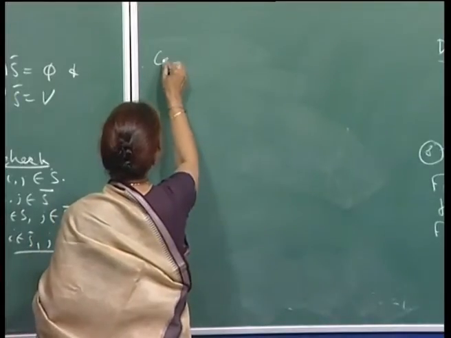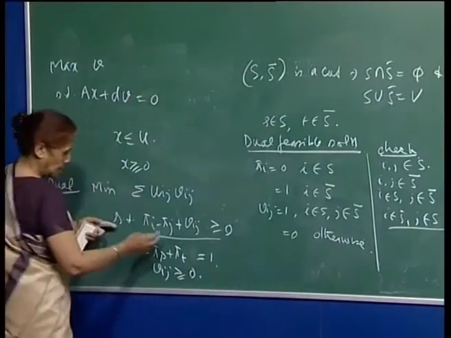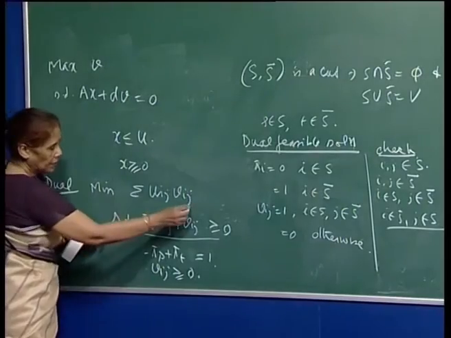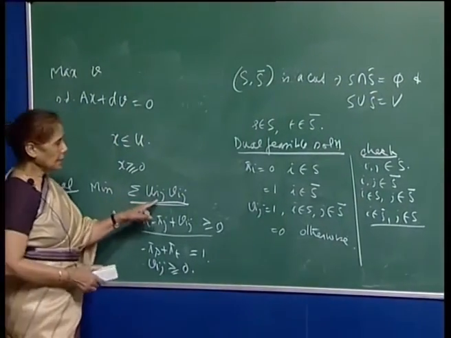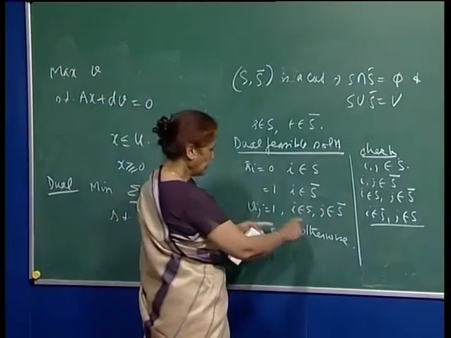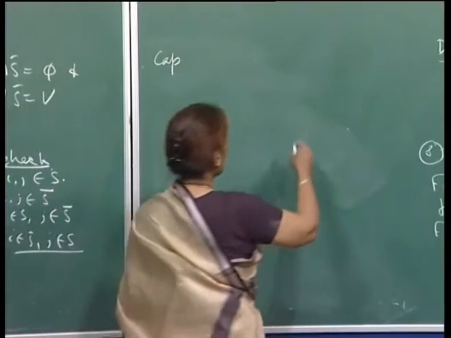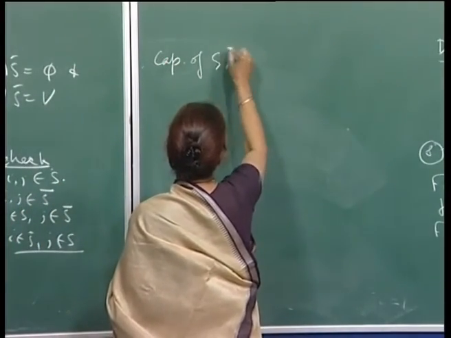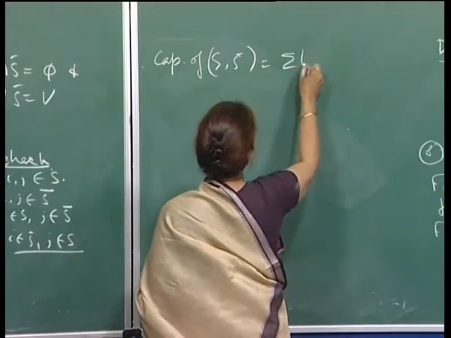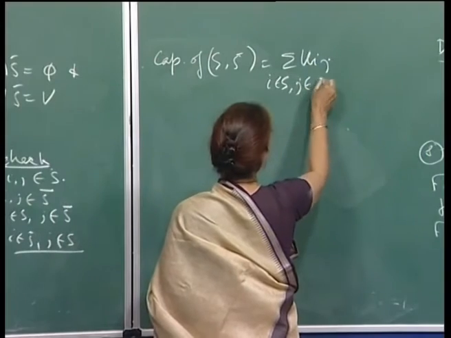If I take a cut as a feasible solution, the objective function value is simply adding up, because my Vij's are 1 only when i is in S and j is in S bar. So, the capacity of the cut is summation Uij, i belonging to S and j belonging to S bar.